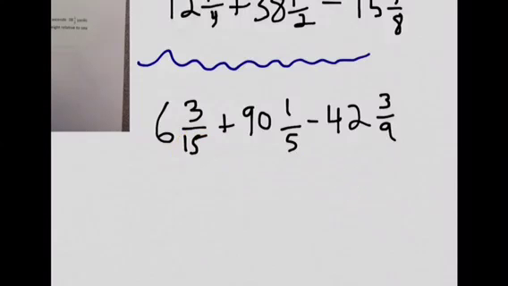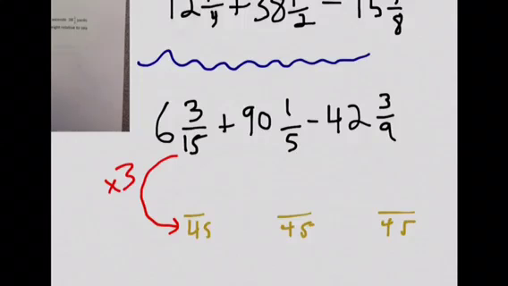Okay, so what we'll do is have each fraction here. I know I'm going to have everything out of 45. Now, let me change colors. Okay, 15 goes into 45 3 times. Therefore, I know that the 3 must also increase 3 times.